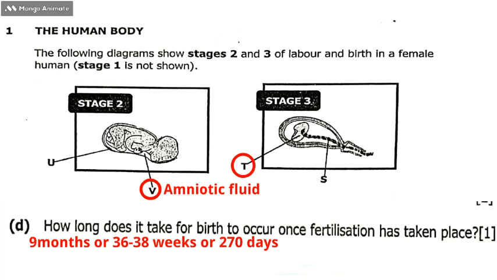So that is how long it took for the child to be born. It's about 9 months or 36 or 38 weeks or 270 days. So it should be 9 months. Okay.